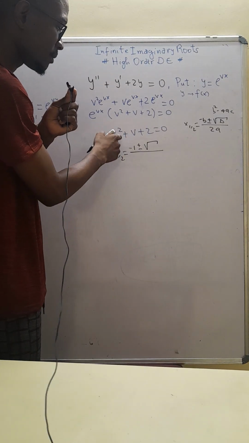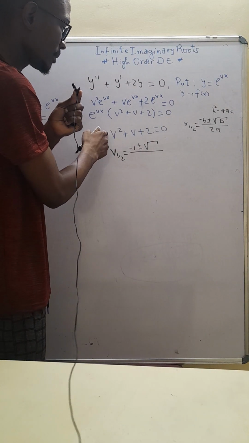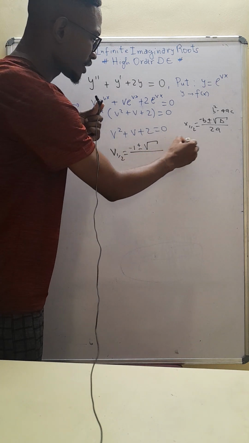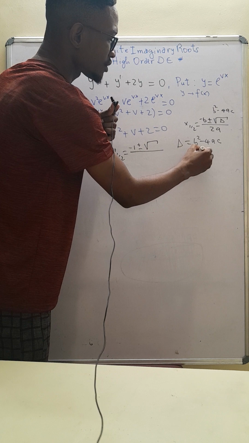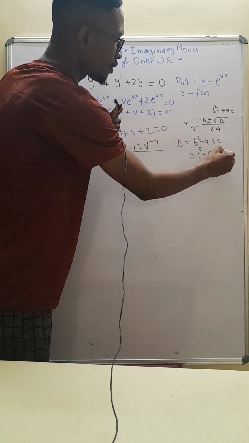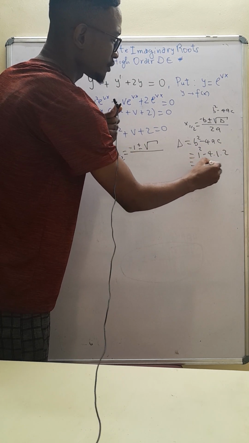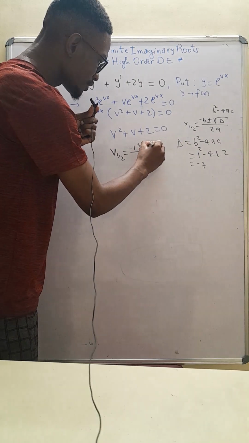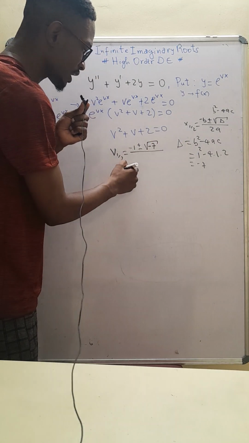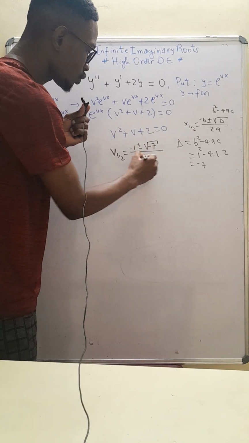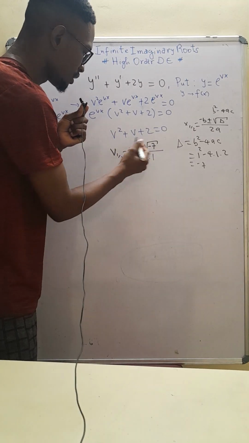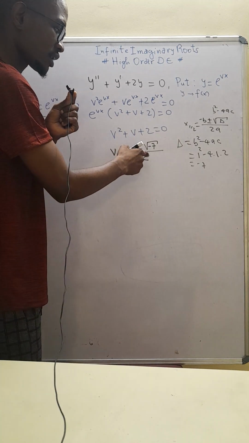Delta is nothing more than your minus 7, because we calculated it here. Delta is b squared minus 4ac, and delta is 1 squared minus 4 times 1 times 2. This gives you minus 7. Put minus 7 there, then it is divided by 2a. 2a is 2, so it will be only this expression.